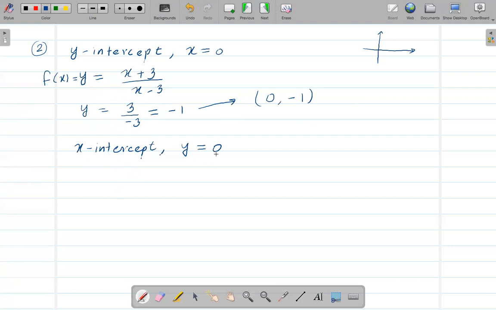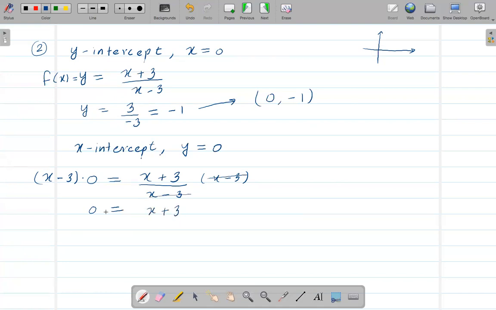Now to find the x-intercept, we say y equals 0. So 0 equals x plus 3 over x minus 3. Now we can multiply x minus 3 on both sides. This thing times 0 is, of course, 0 on the left-hand side. On the right, the x minus 3 is gone, so we just have x plus 3.